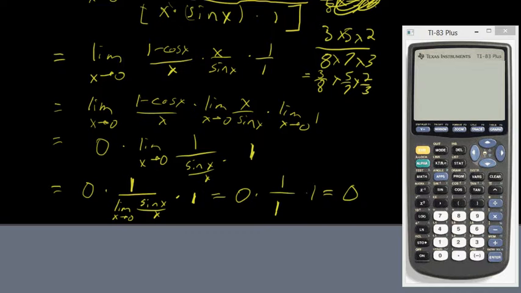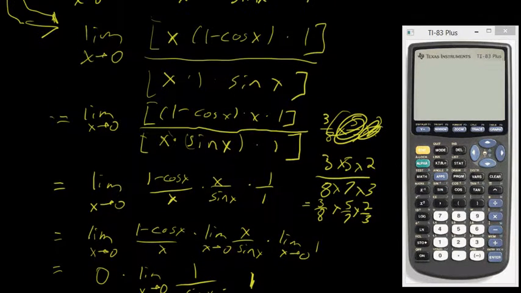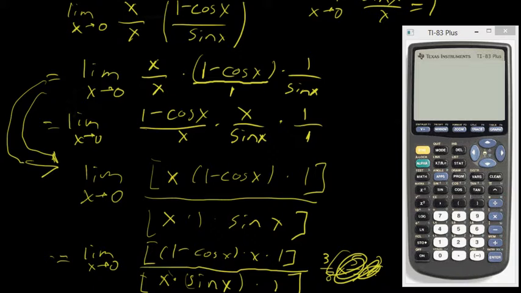But the main point was to show you why you could go from here, the limit as x tends to 0 of x over x times 1 minus cosine of x over 1 times 1 over sine x.